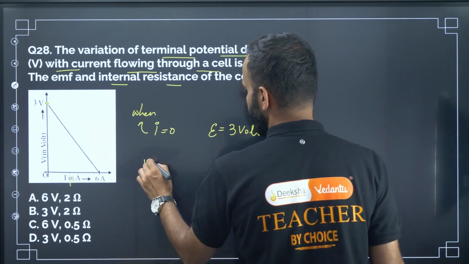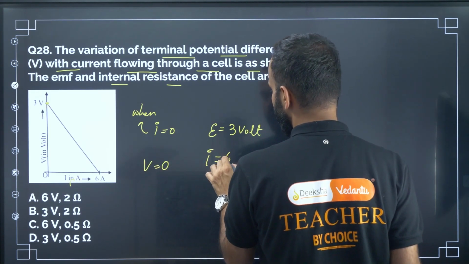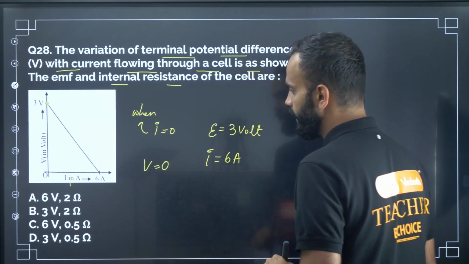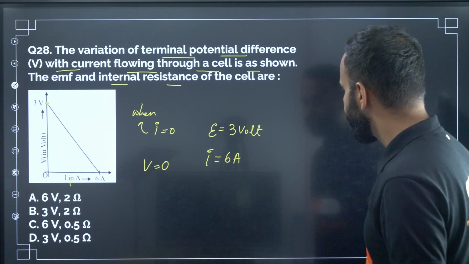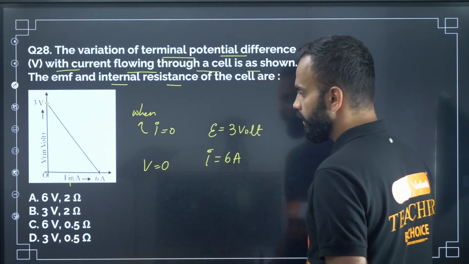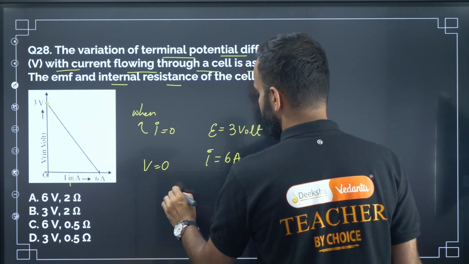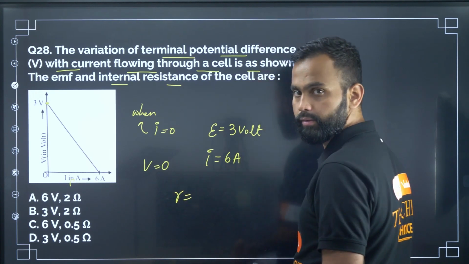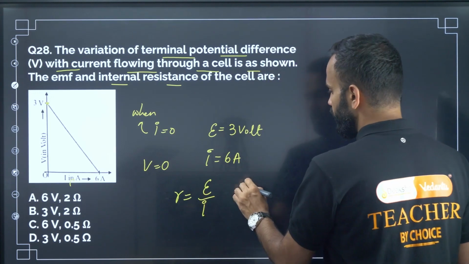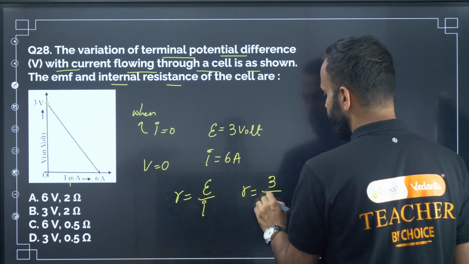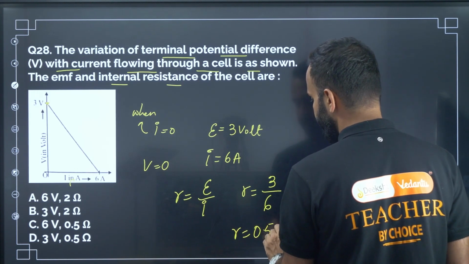So when voltage is 0, current I is equal to 6 ampere, right? So here internal resistance R is equal to E divided by I. So R equal to E, which is 3 volt, divided by I, that is 6 ampere, which is equal to 0.5 ohm.